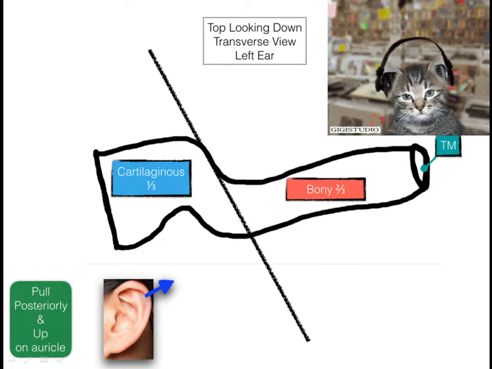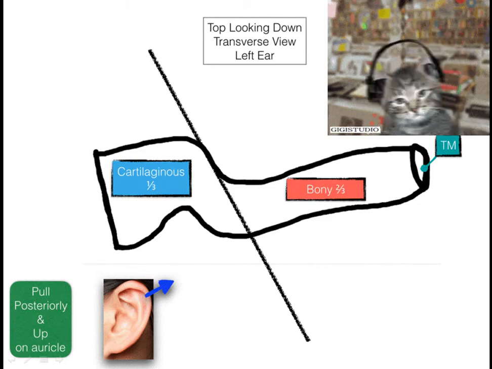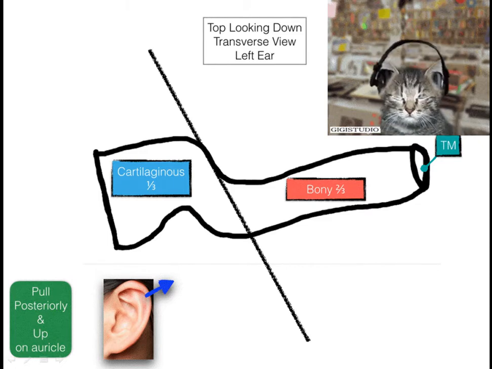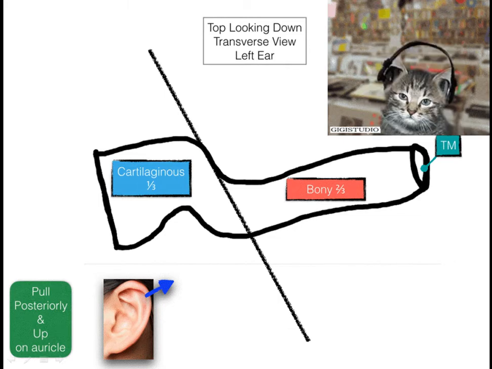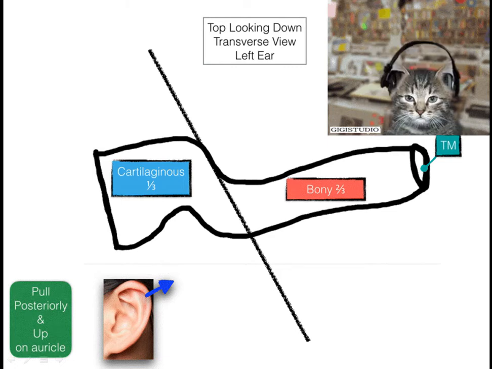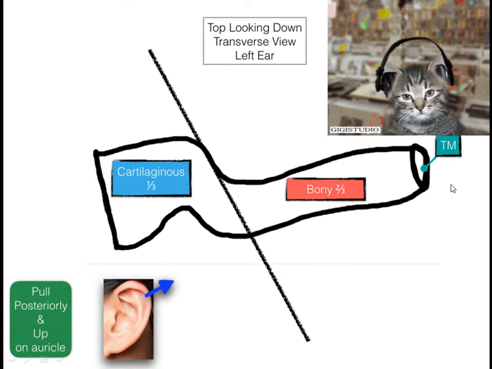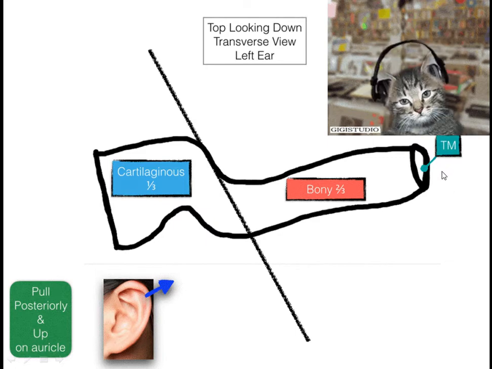If we consider a cross-section transverse view of the ear, we come to know that the outer one-third is cartilaginous while the inner two-third is bony, and it ends on a very specific membrane which is called the tympanic membrane.